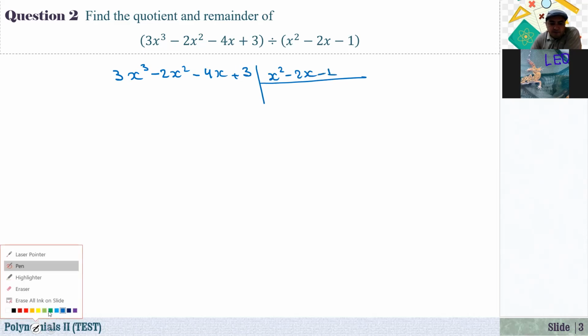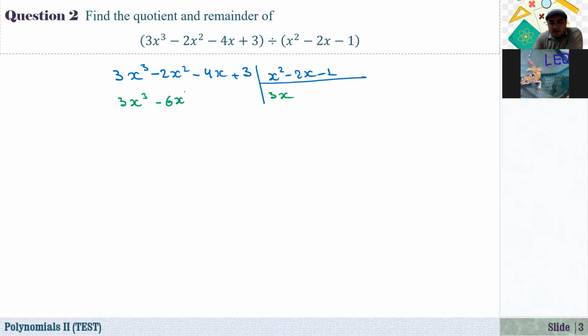Let me use green. 3x cubed divided by x squared is 3x. 3x times x squared is 3x cubed, and 3x times minus 2x is minus 6x squared, and 3x times negative 1 is minus 3x.